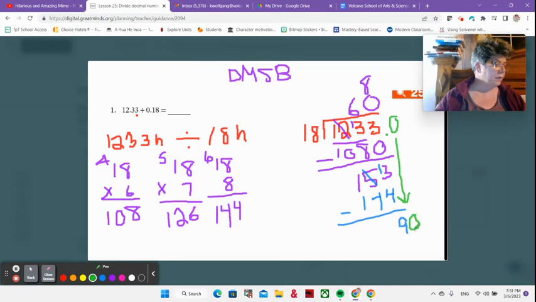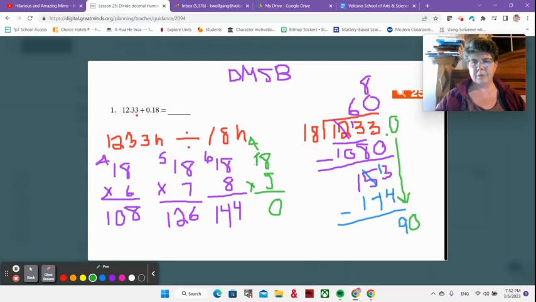Okay? So now we have 90 tenths that we can distribute into 18 groups, right? And how many tenths? 90 divided by 18. Well, we have 6 here, which is 108. So I'm going to guess 5. And that would be 5 times 8 is 40.